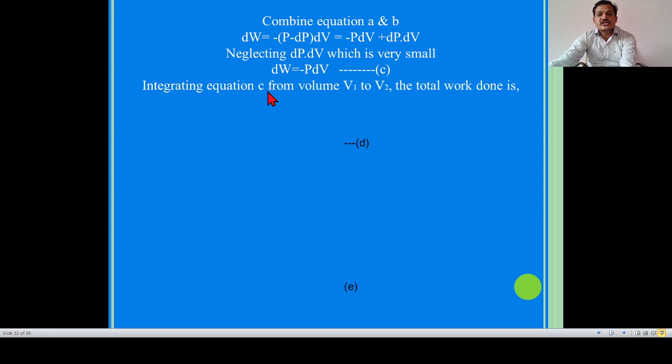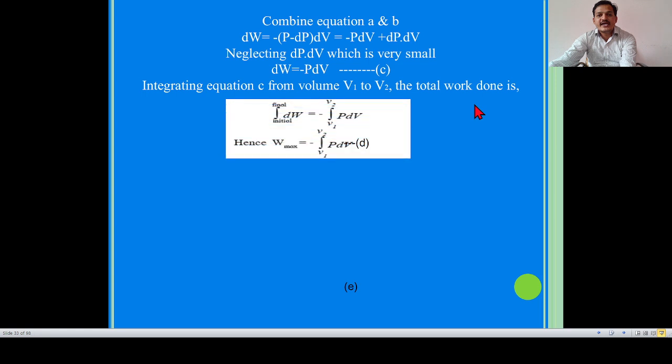Integrating equation C from volume V1 to V2, the total work done is the integral of dW, which is equal to the integral between limits V1 to V2 of P dV. The negative sign and constants are always placed on the left side of the integration sign, so I am shifting the minus sign here.